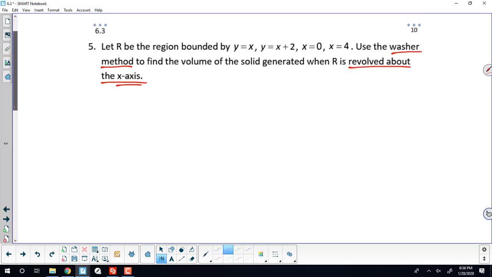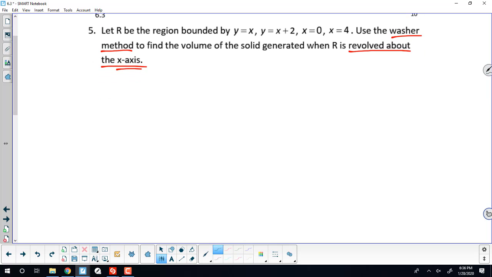So let's just draw a quick sketch here. Here's y equals x. Y equals x plus 2. X equals 0, let me draw this in a different color.